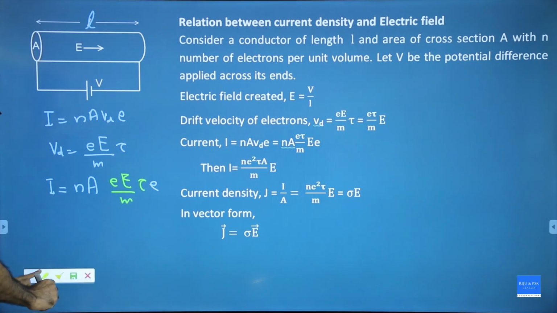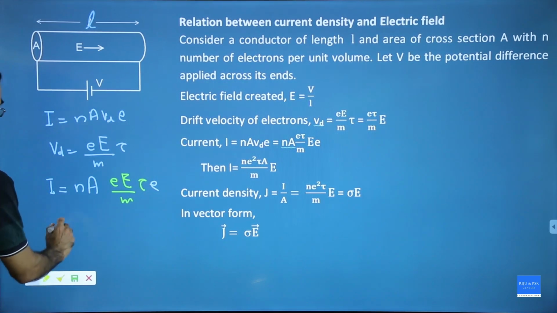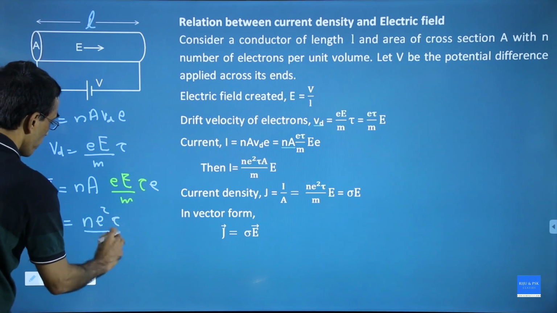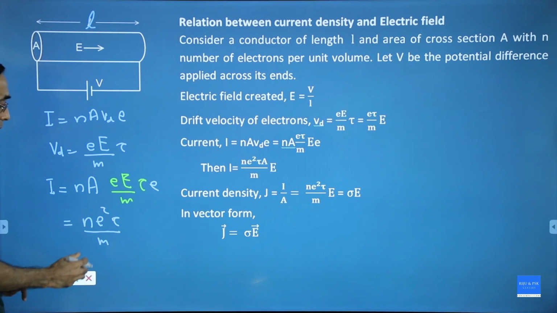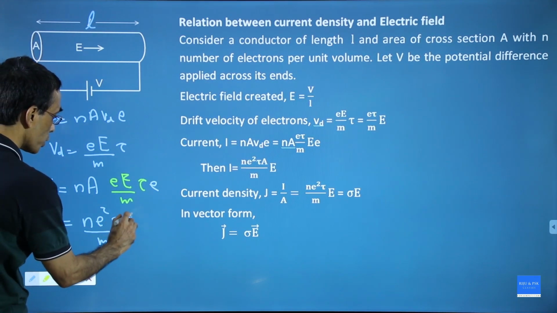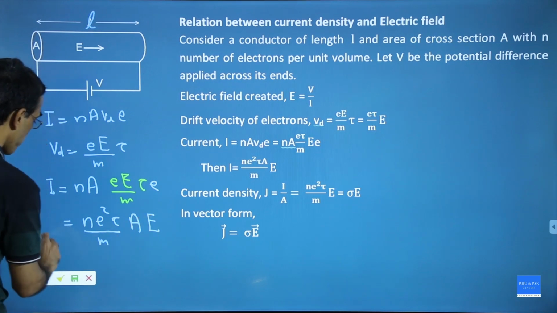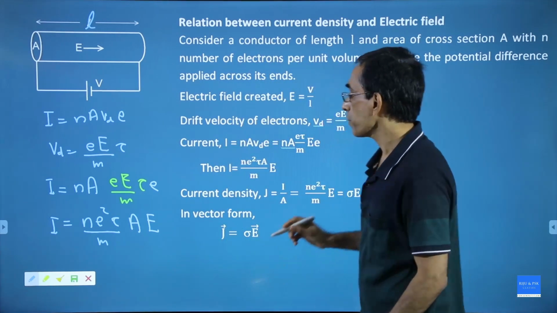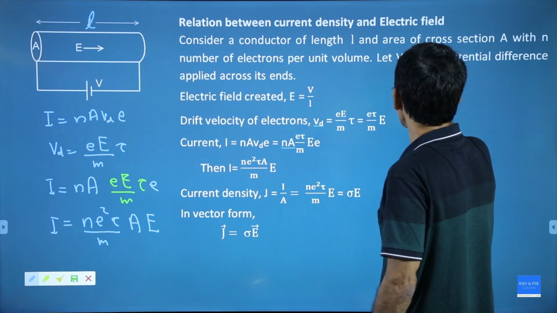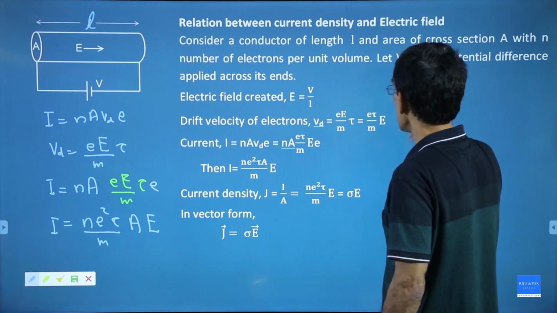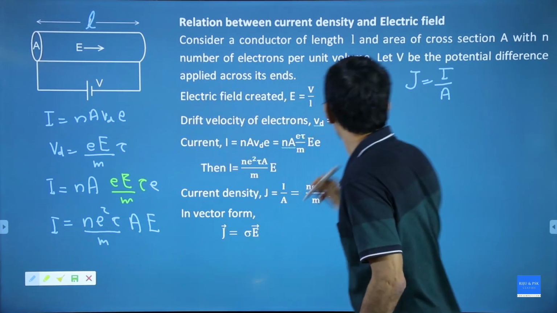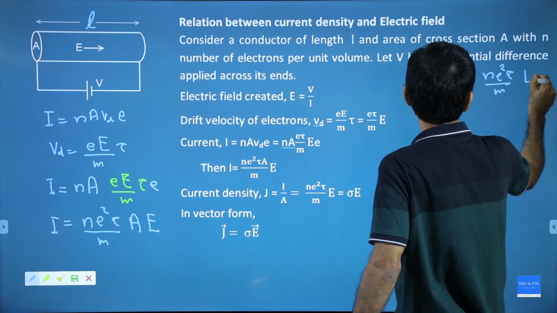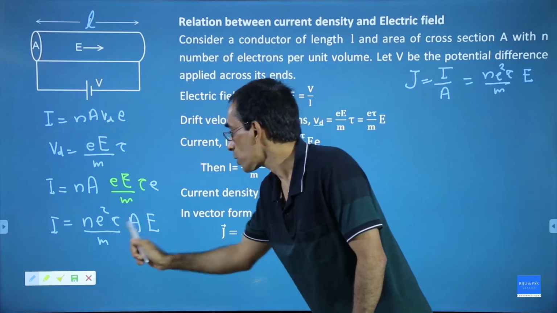So this gives n e squared τ by m, which is constant for a given material at a given temperature, into A into E. This is I. Now from that we can write current density J equal to I by A, which is given by n e squared τ by m into E.